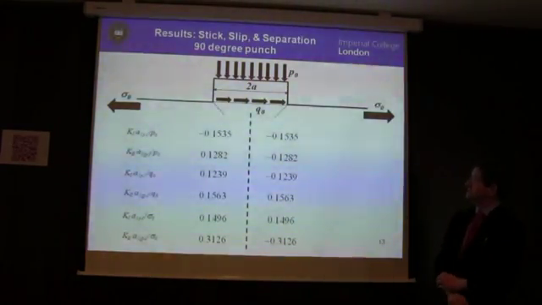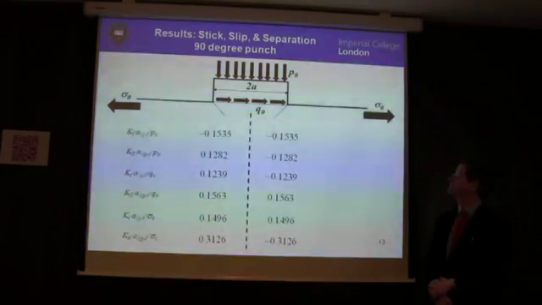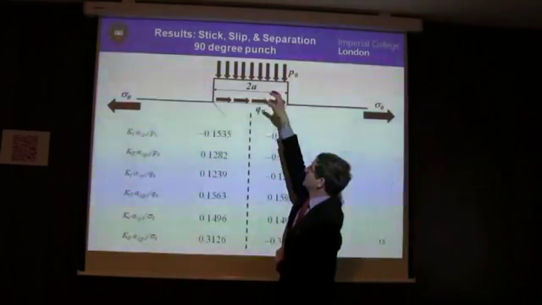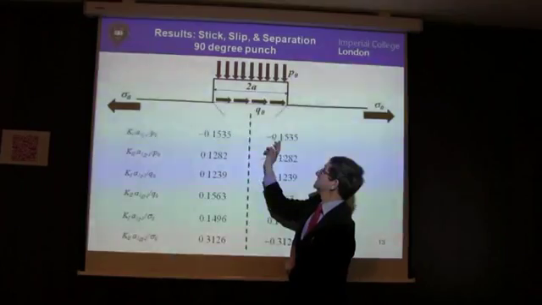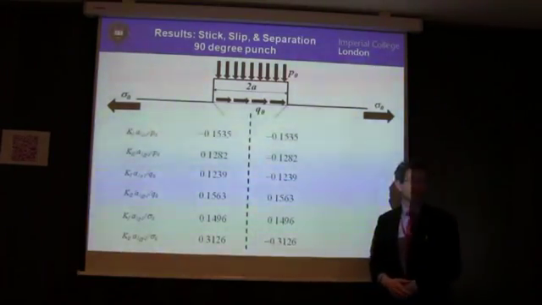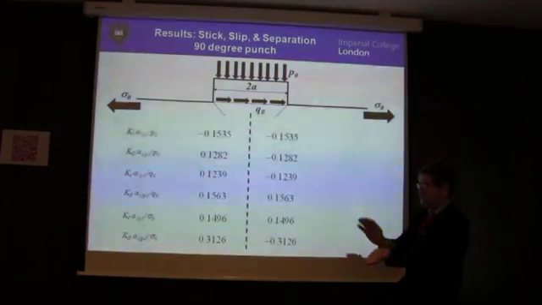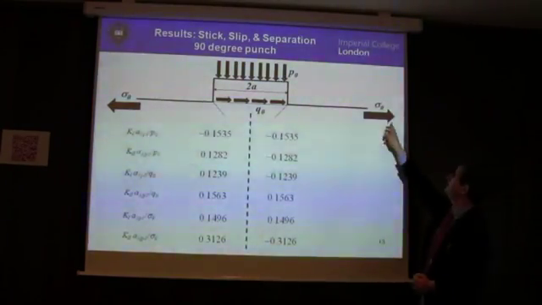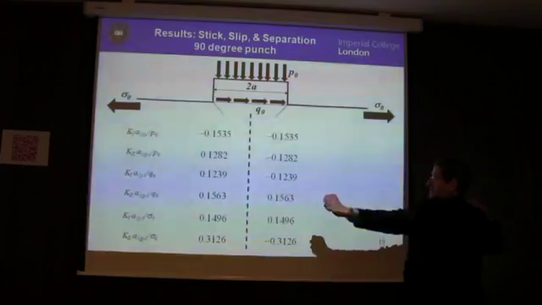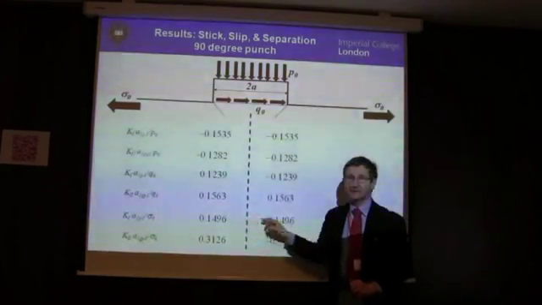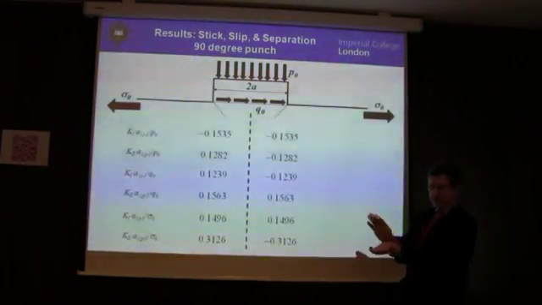But what I really wanted to draw your attention to is the signs. So that when we push down on this, at both of these corners, the mode 1 loading is negative, which is what you'd intuitively expect. You'd expect the corners to be sort of crushed together. If, on the other hand, you pull the rug from underneath it, this line here, then both of the corners tend to open up.